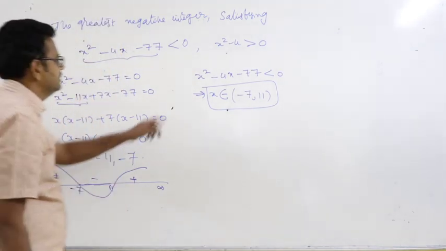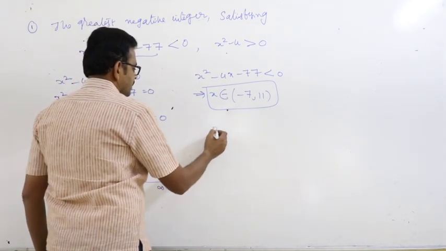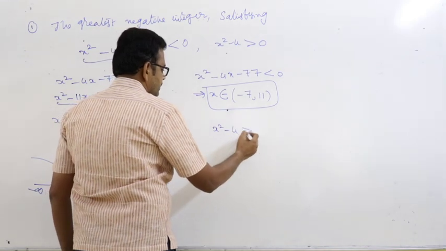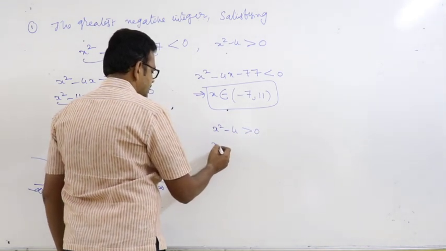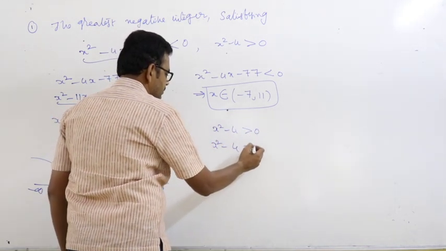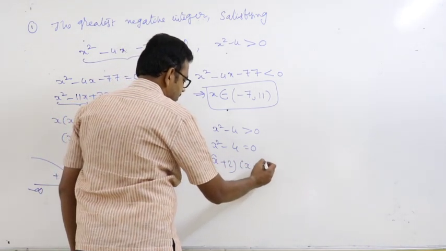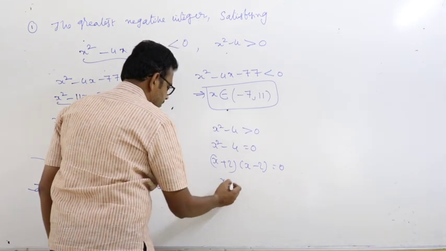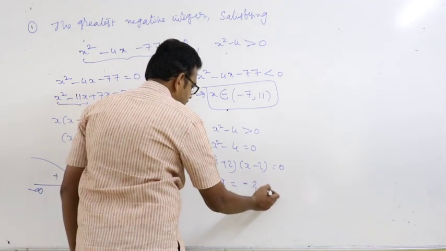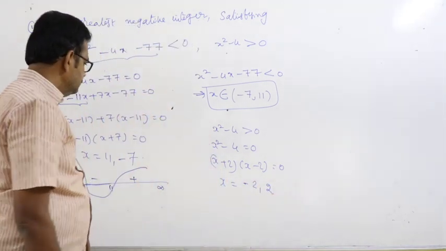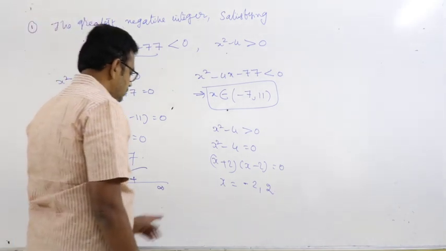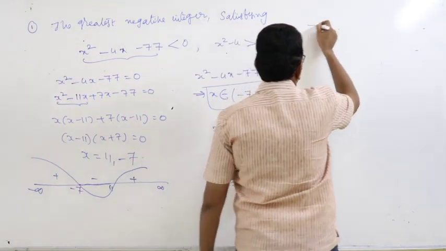And the second one is x square minus 4 greater than 0. That is x square minus 4 equal to 0. x plus 2 into x minus 2 is equal to 0. x is equal to minus 2 comma 2. Now, for this also you can draw wavy curve.